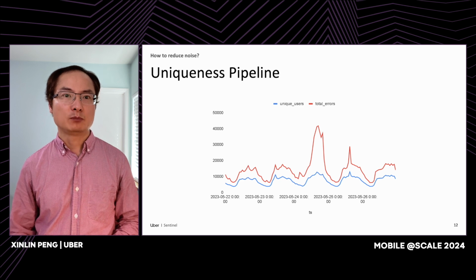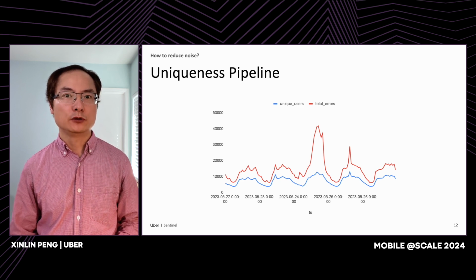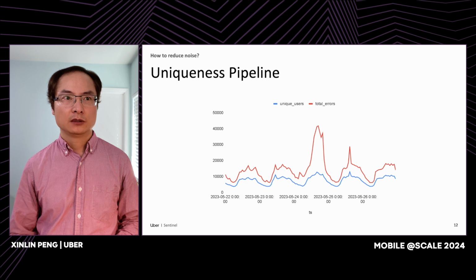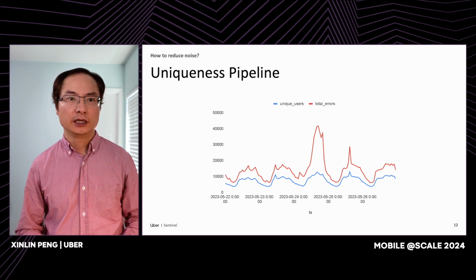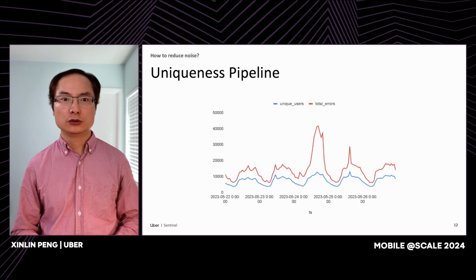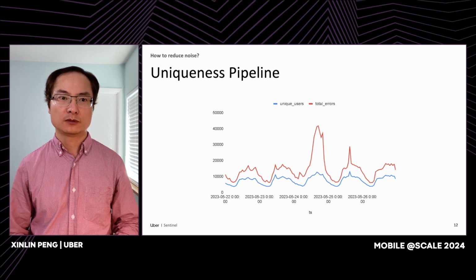We identified a couple of good ways to further improve the signal to noise ratio. When you have alerts at the city level, sometimes just a single user can generate so many events that it can trigger the alert. And this was usually not interesting for the product teams.